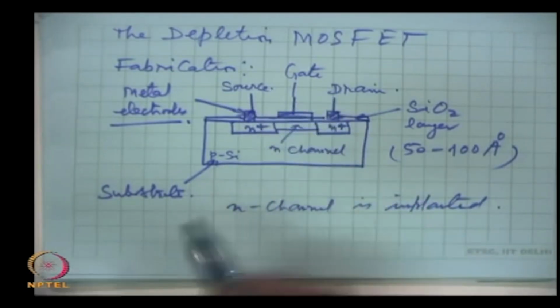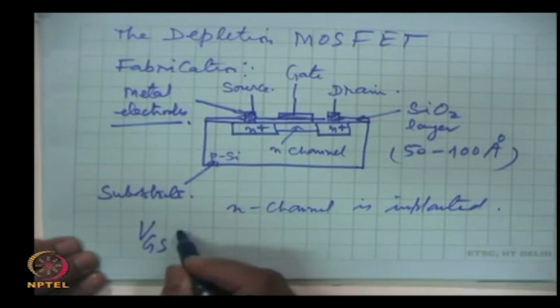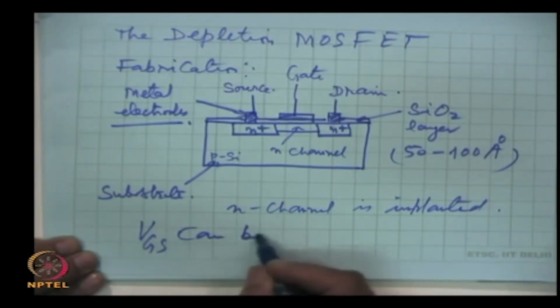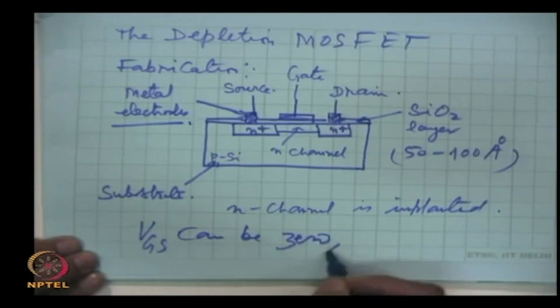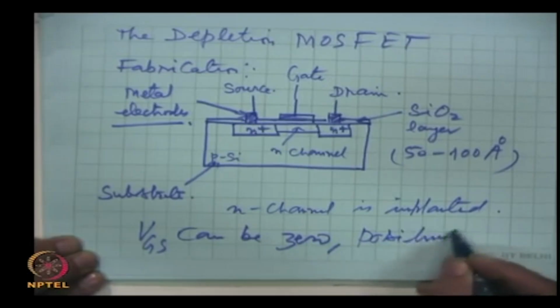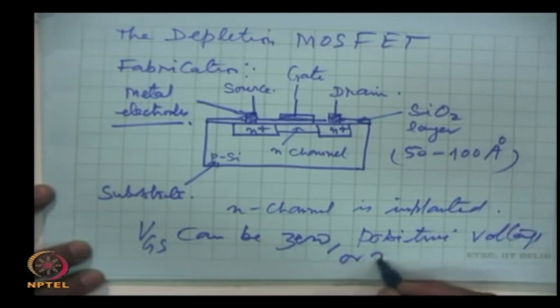Therefore, the gate source voltage VGS, and this is a very significant point, can be 0, positive or negative, all possibilities.